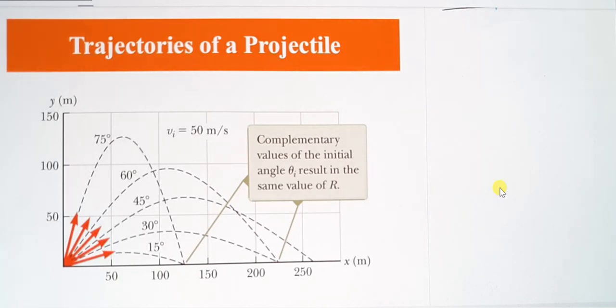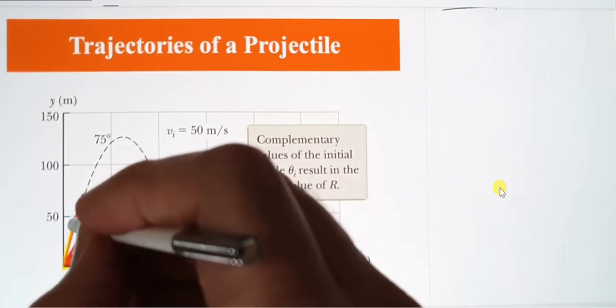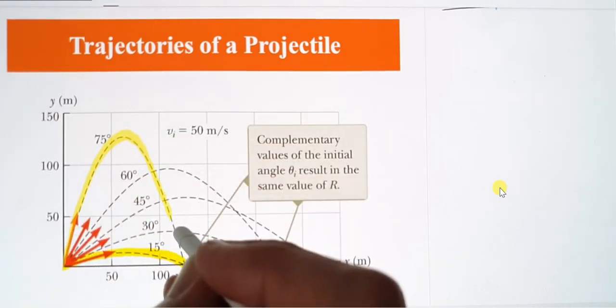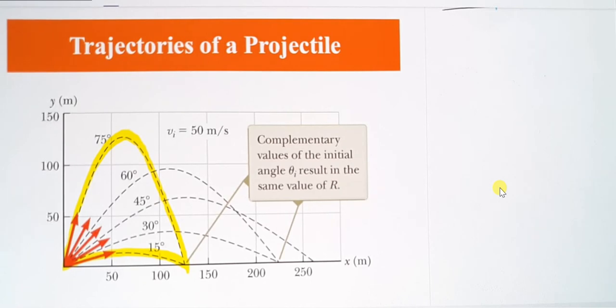Now, in projectile motion, and you will see that when you do the experiment in the lab, if the angle is 15 or the angle is 75 degrees, you end up covering the same distance. Here the height will be different and the time will be different. However, you will cover the same distance.